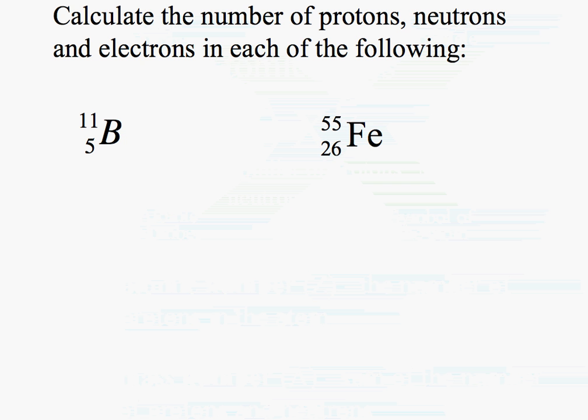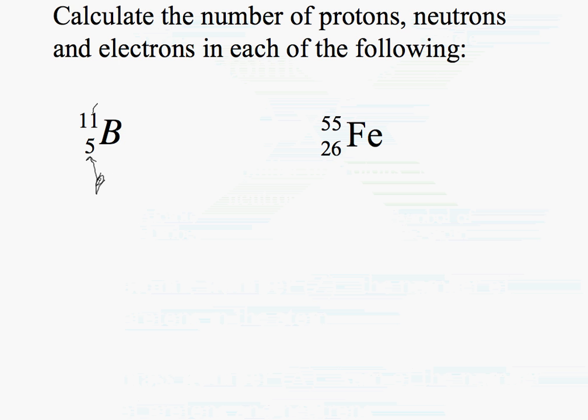Here it says calculate the number of protons, neutrons, and electrons in each of the following. So we have boron, which has an atomic mass of 11 and has 5 protons.